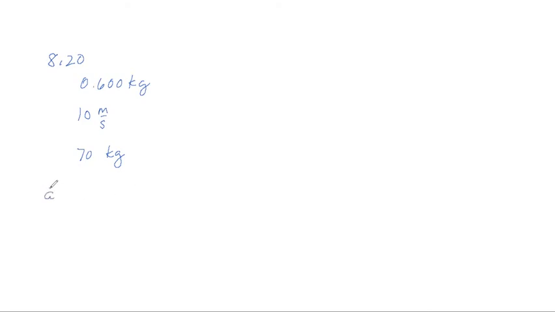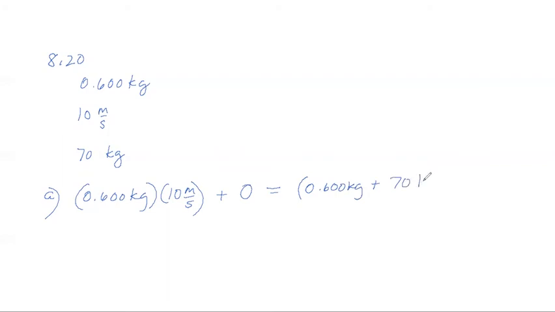So for A, we're going to do something like 0.600 kg times 10 meters per second, and then plus you're at 0, you have 0 velocity, therefore you have 0 momentum. Equals, now you and the ball are going to travel as one little unit, so 0.600 kg plus 70 kg times V final.